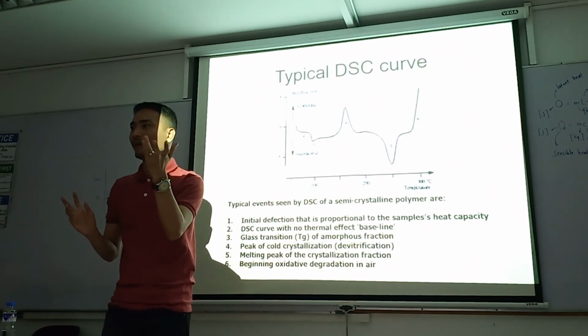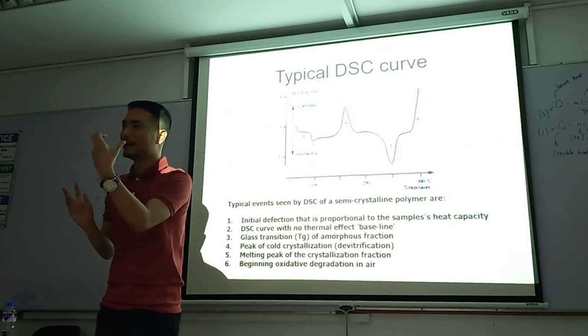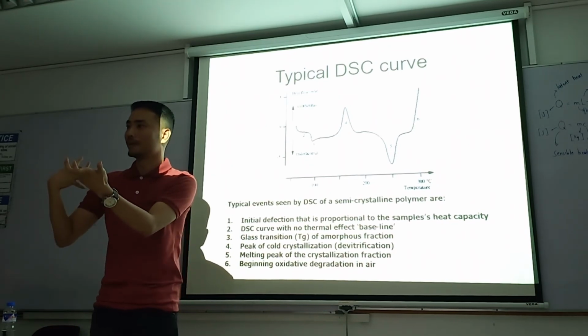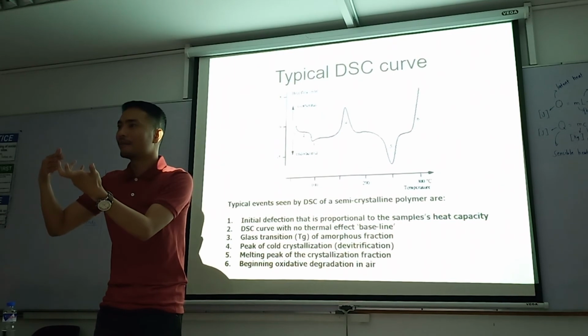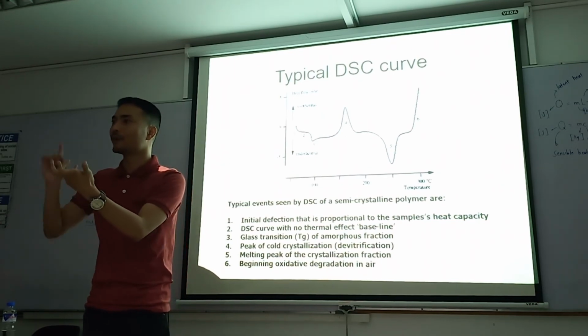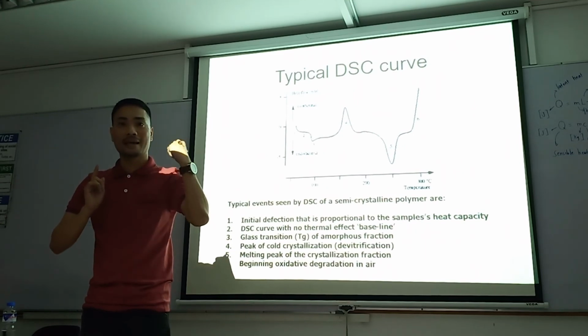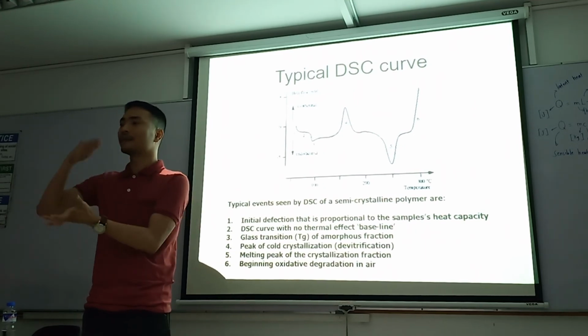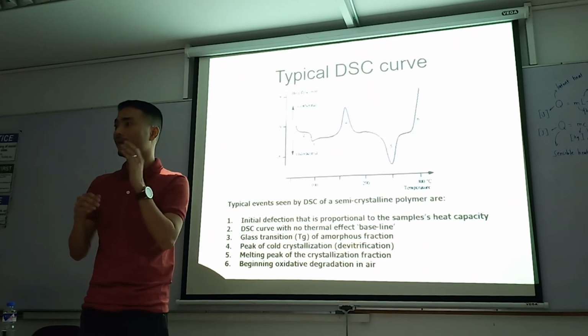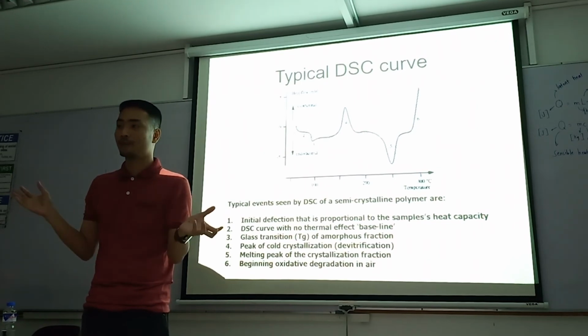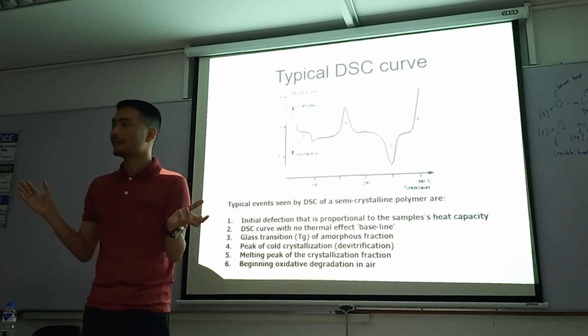For example, I have PET, then I put a polymer na mas mataas yung crystallinity compared dun sa PET. May mga corresponding changes tayo, tama ba? Hindi lang dun sa quality, pati na rin dun sa quantity ng mga phases natin, whether that be amorphous or crystalline phases.